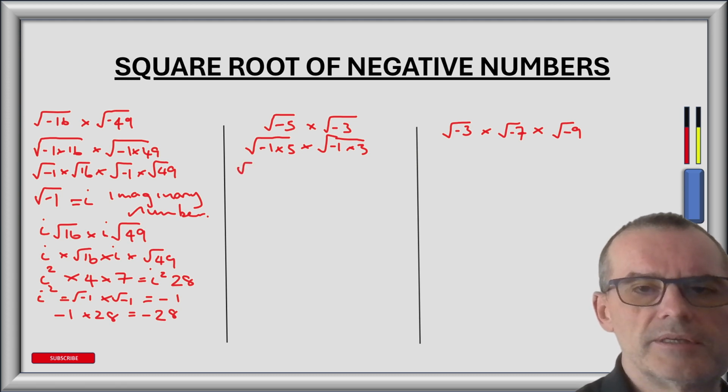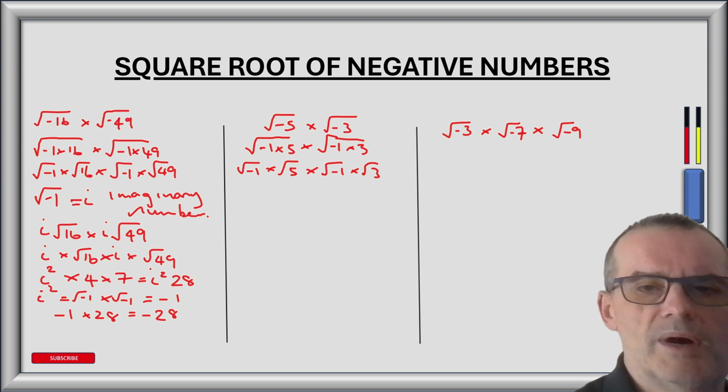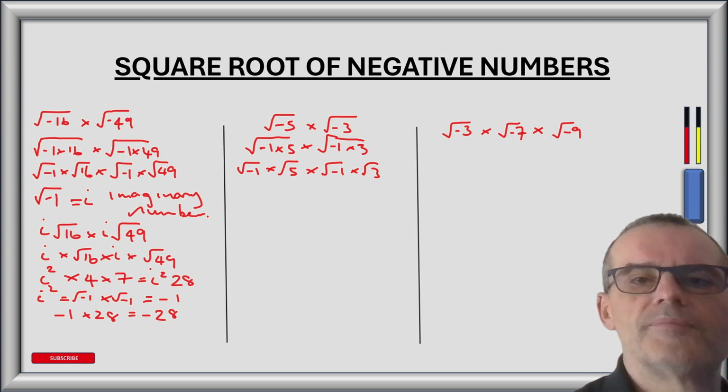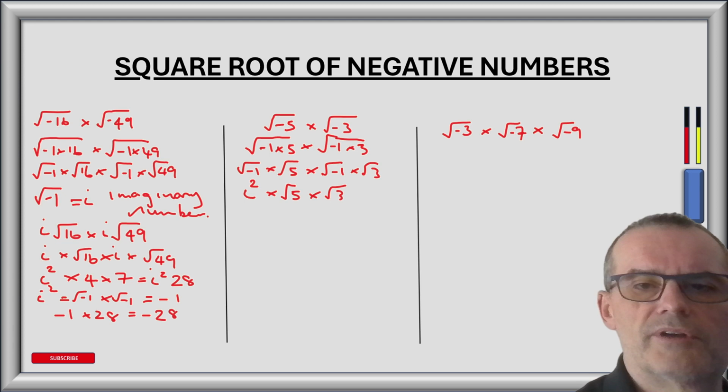So this is root minus 1 times root 5 multiplied by root minus 1 times root 3. Now we know that root minus 1 is i, and we have it occurring twice. So we can label that as i squared multiplied by root 5 by root 3.